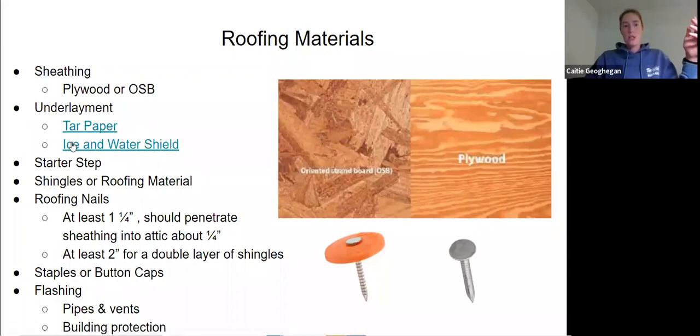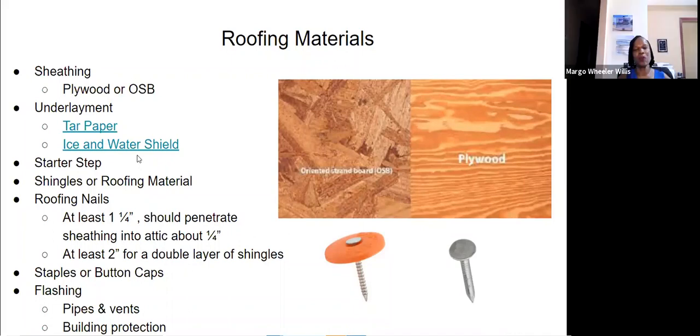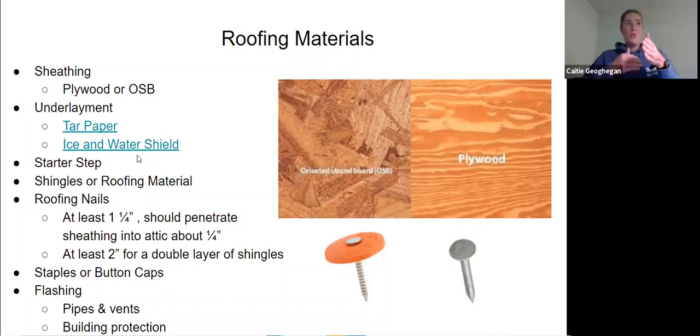Ice and water shield is something that is required in certain areas. So this is something that we need to check local building codes about. I'm in North Carolina and we require ice and water shield, which is specifically designated for areas that could hold snow load, basically. In North Carolina, it's 2 feet from where your wall is.